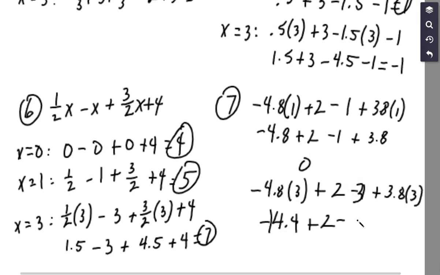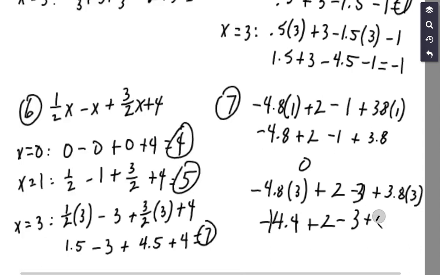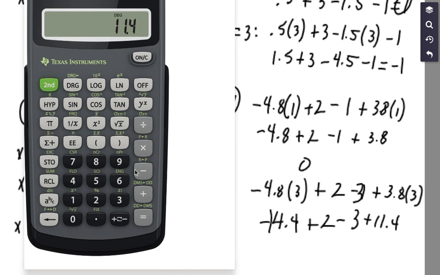That should be a 3. Minus 3, and then 3.8 times 3 is 11.4, like that. So then I'm going to use my calculator, and let me clear everything.